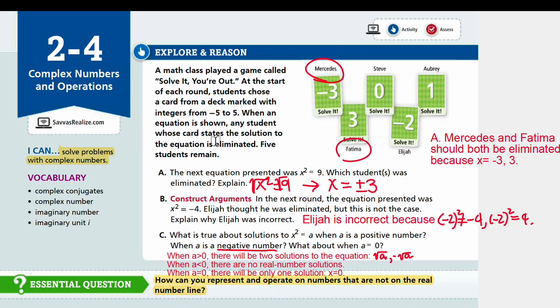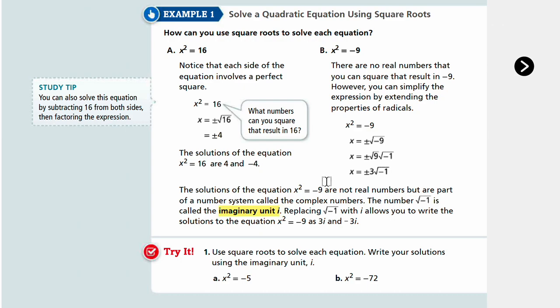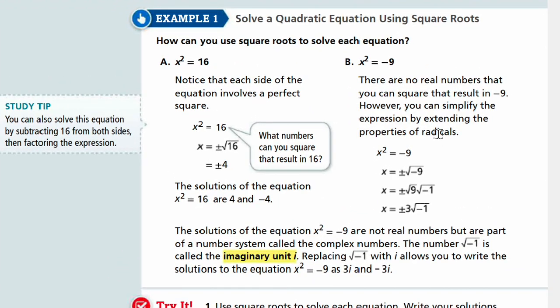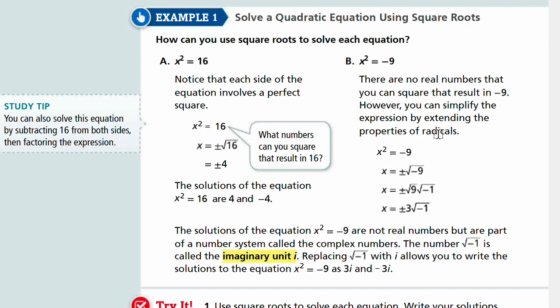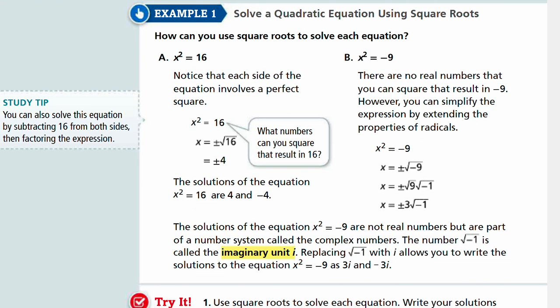Okay, let's think about example 1. Solve a quadratic equation using square roots. How can you use square roots to solve each equation? Let's look at part A. x squared is equal to 16. So in this case, you will solve by square rooting both sides, just like we have solved in the previous problem, right?